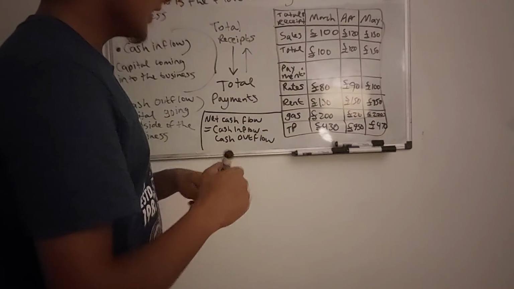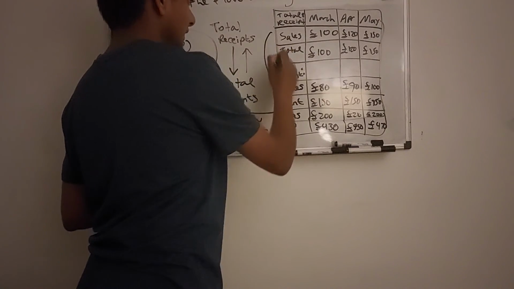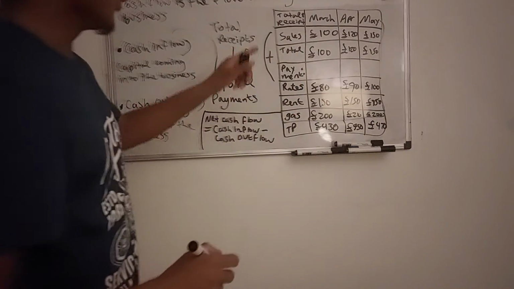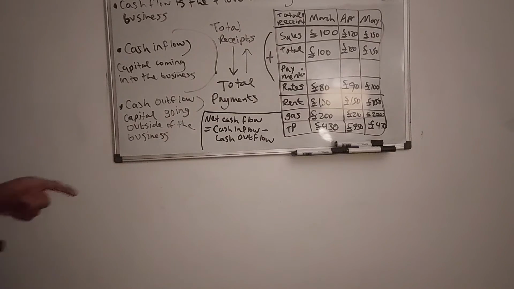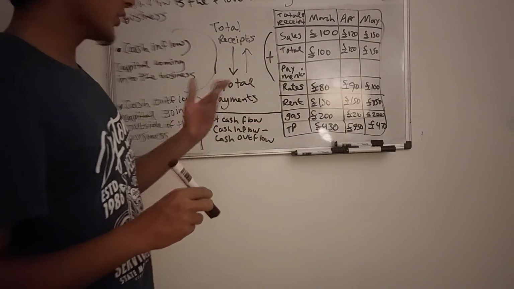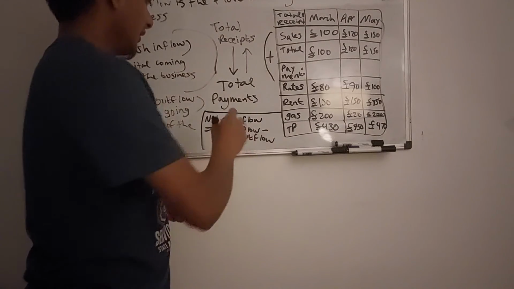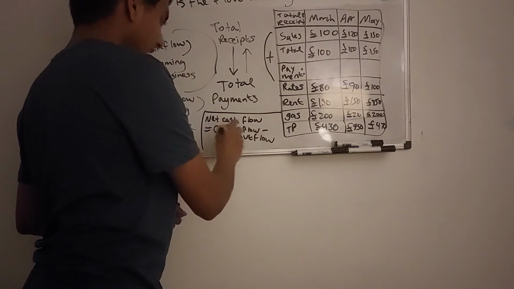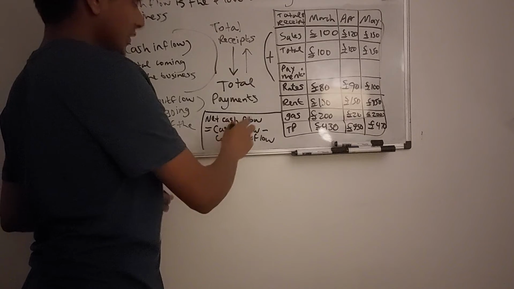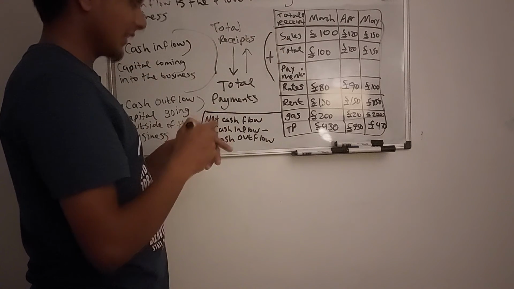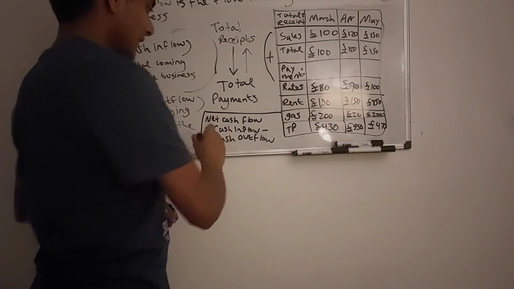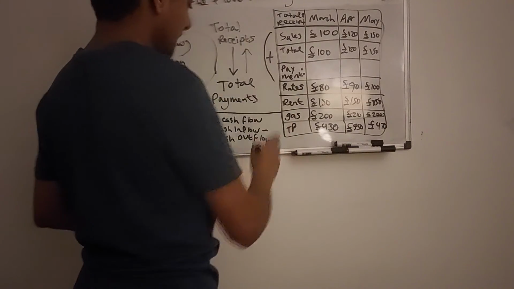But if you get a sheet like this, it will say total receipt and total payment. Now this gets interesting. You will probably get confused by total receipt and total payment. What that means is your total receipt is your cash inflow. So replace cash inflow with total receipt if you get that sort of balance sheet. And cash outflow, replace that with total payment.